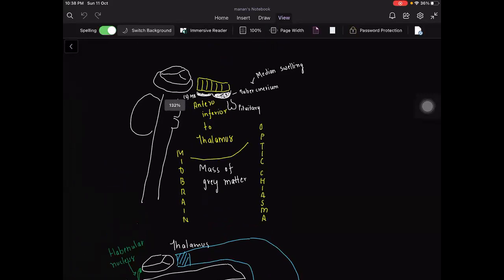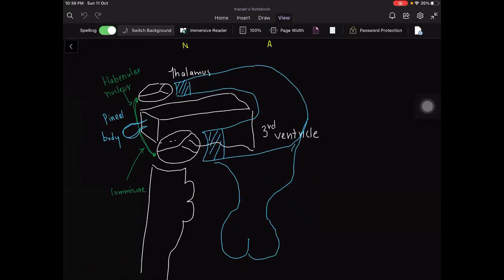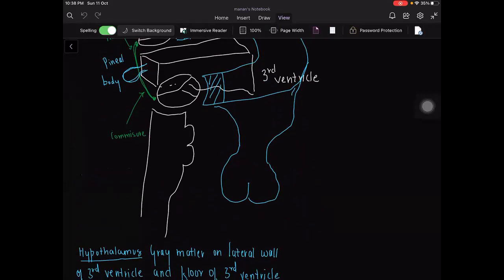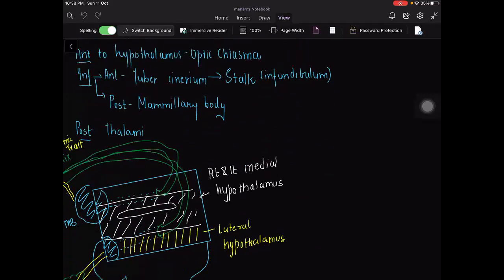So essentially, this being your brainstem, your hypothalamus will be essentially divided into three parts. This is just an orientation: the infundibulum, the pituitary, your ventricle, and the hypothalamus would surround it. Behind it would be your habenular nucleus, right?